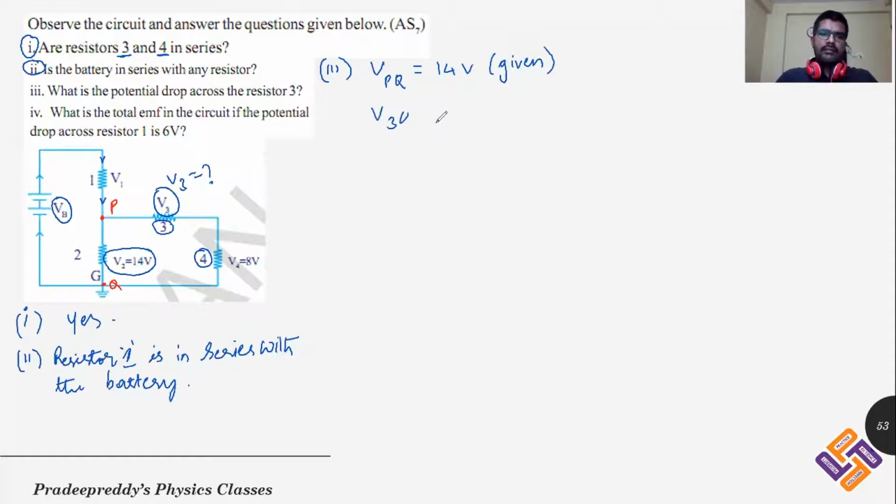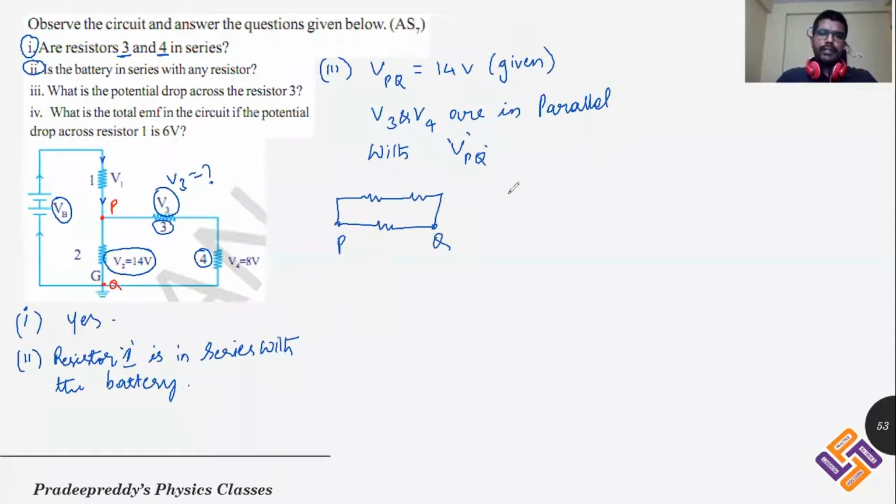V3 and V4 are in parallel with VPQ. See here, V3 and V4 both are connected across PQ. This is P and this is Q, and from here you have 2 resistors.